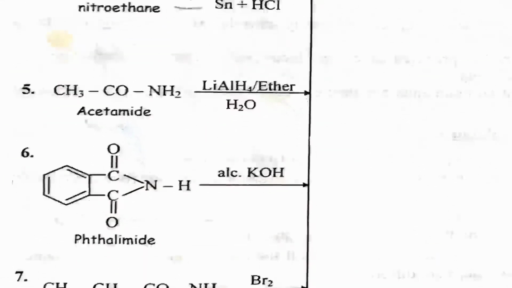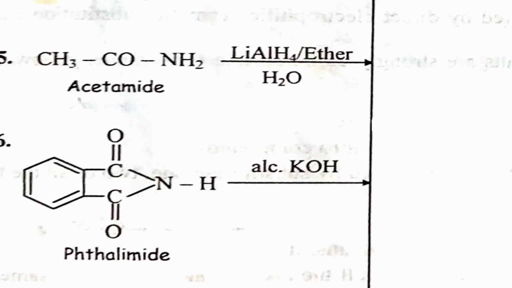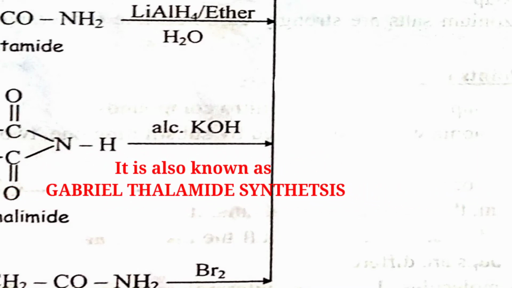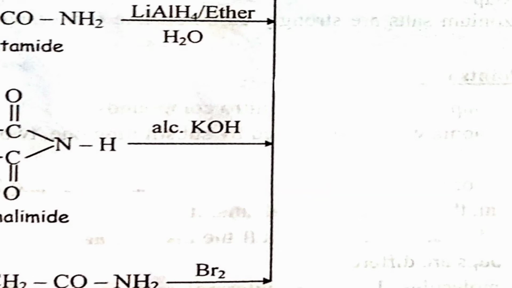Next, this is a very important reaction, and this is the most common laboratory method. Phthalimide is reacting with potassium hydroxide, alcoholic potassium hydroxide, in the presence of an alkyl halide, RX, not shown here.